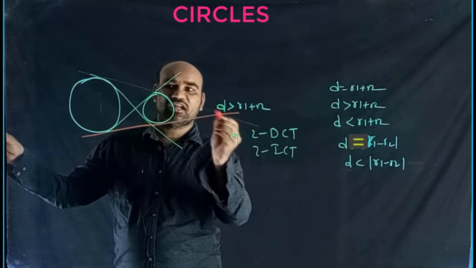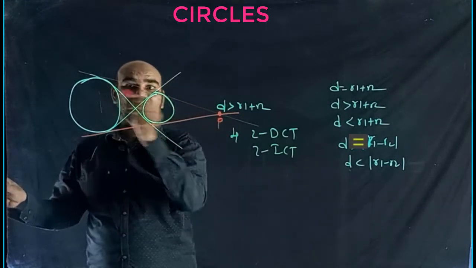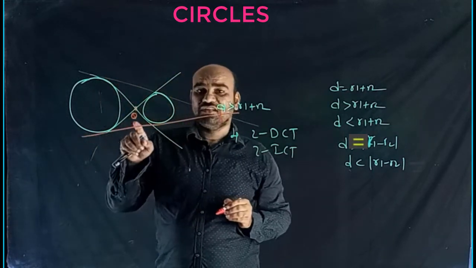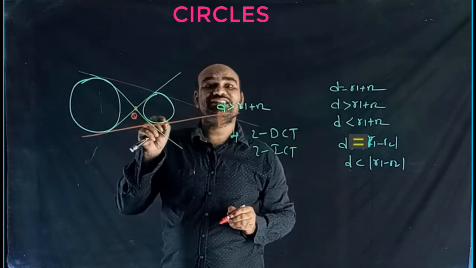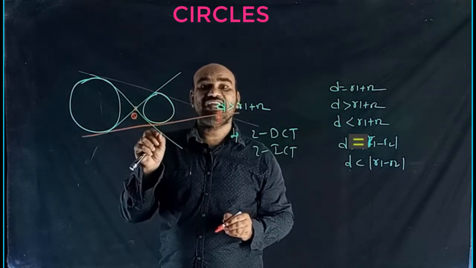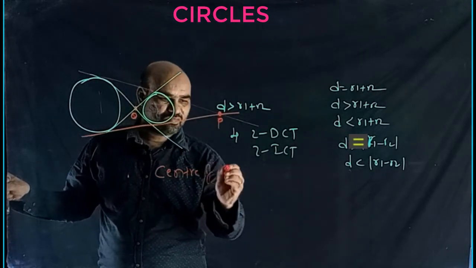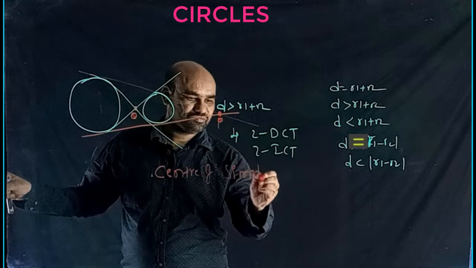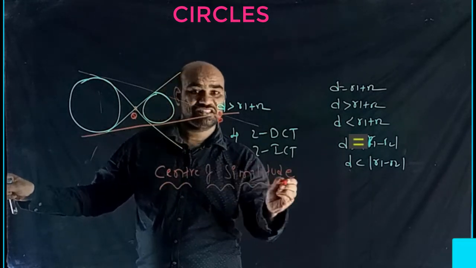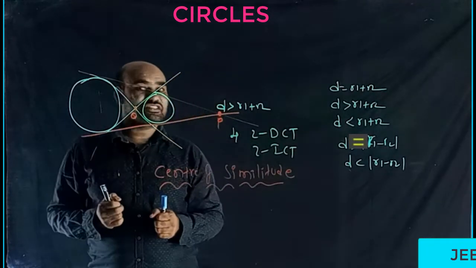These two direct common tangents are intersecting at this point P. These two indirect common tangents are intersecting at Q. Now, the point of intersection of common tangents is known as center of similitude.